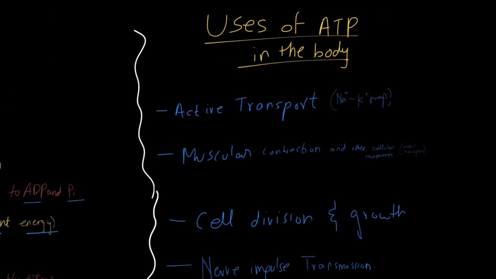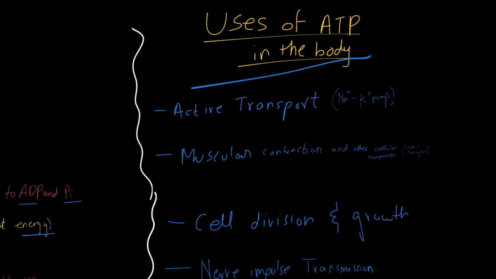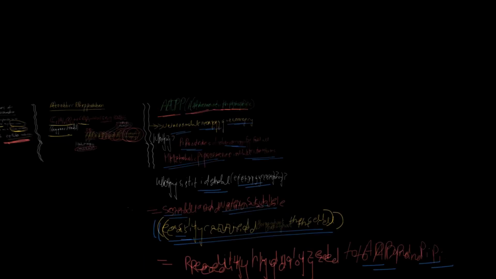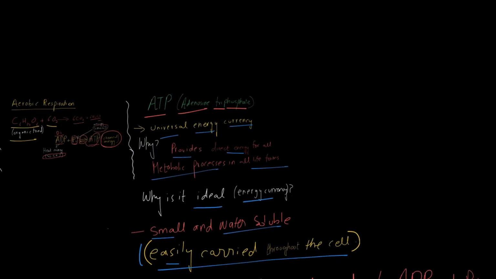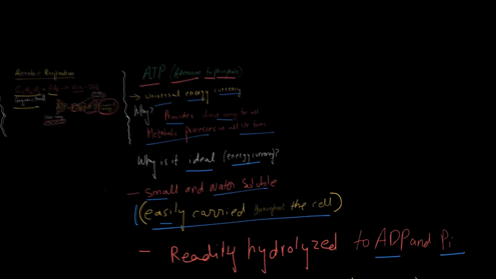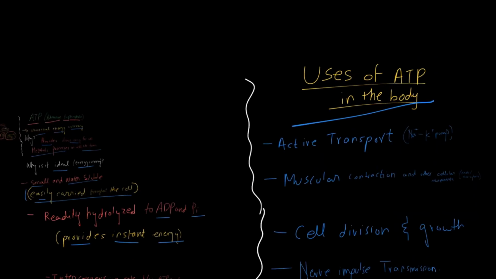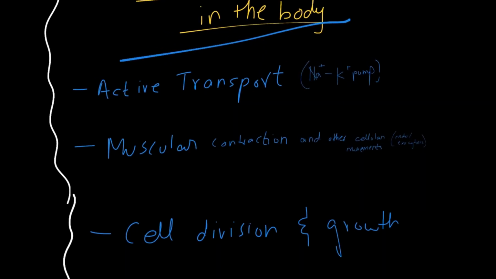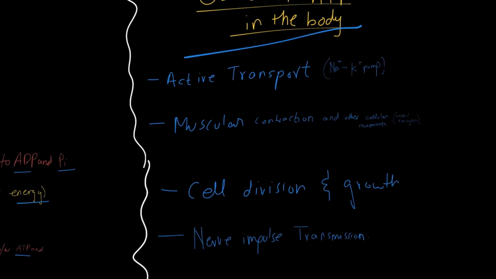Moving on, we can see the uses of ATP in the body. Initially, we studied what ATP is and why it's an ideal energy currency, and now we're studying the uses of ATP, not the functions, obviously. So ATP is used in active transport because it's actively needing energy to perform an action, right?